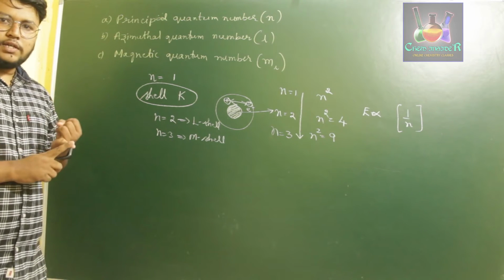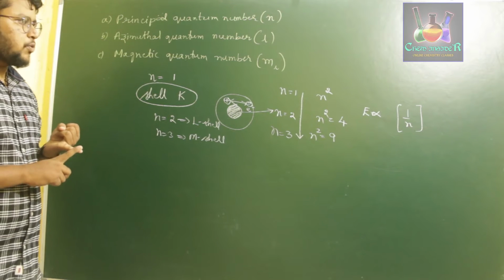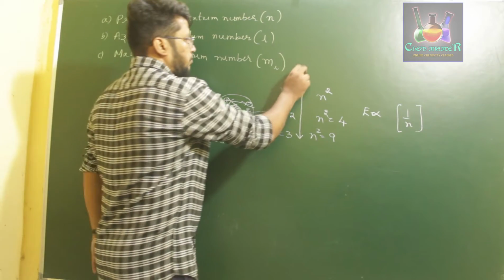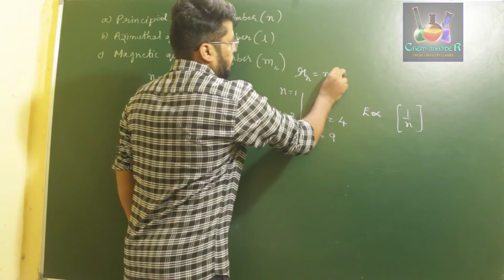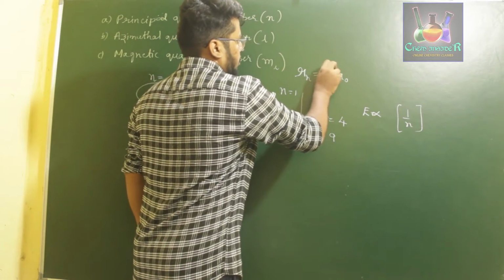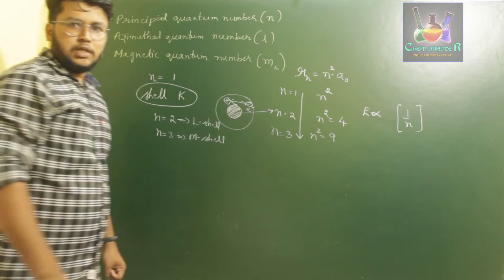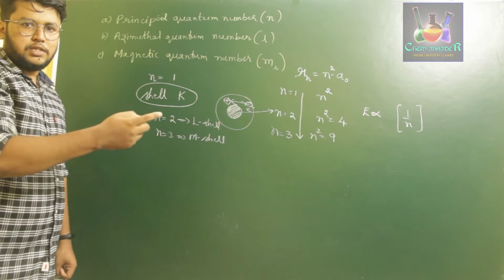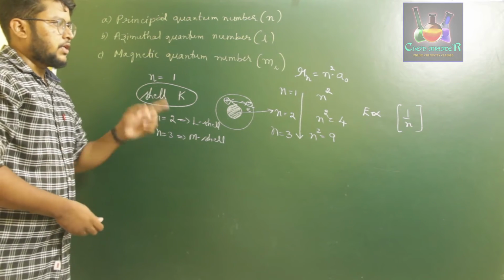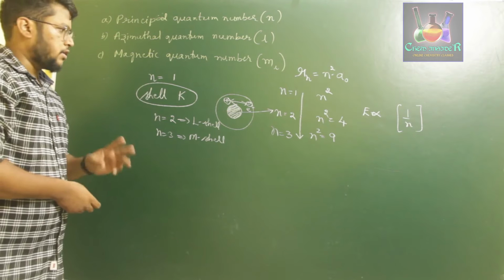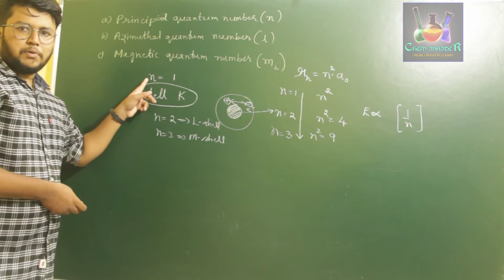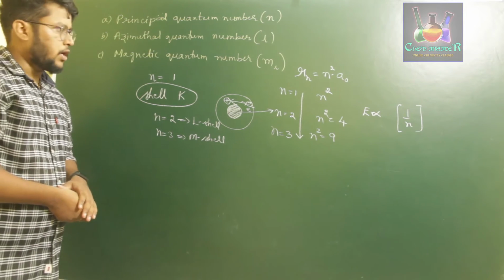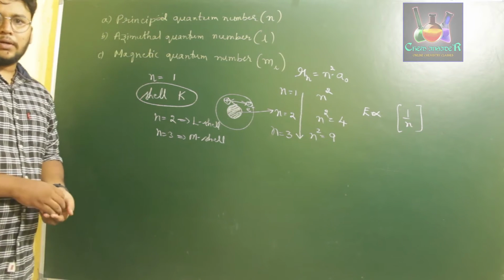One, it defines the size of the shell. The more the n value, the more its radius, because radius of n is n square into a naught. We have discussed that in the previous video. So with increasing n, radius increases, nothing but the size increases. With increasing n, energy decreases. And third, using the principal quantum number, we can find out the shell in which the orbital is present. So this is about the principal quantum number.